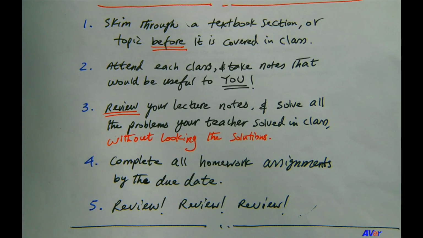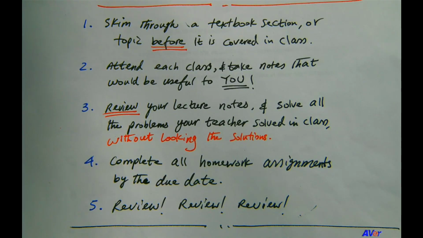Anything that you see or read that is not making sense to you, bring those to my attention along with your questions. And then review your notes and then go back to the textbook section that you skimmed through and solve all those problems that the book has already solved without looking at those solutions.